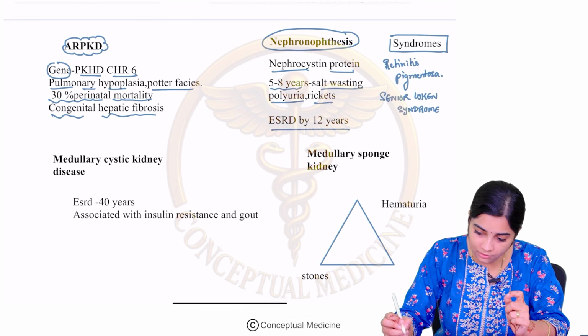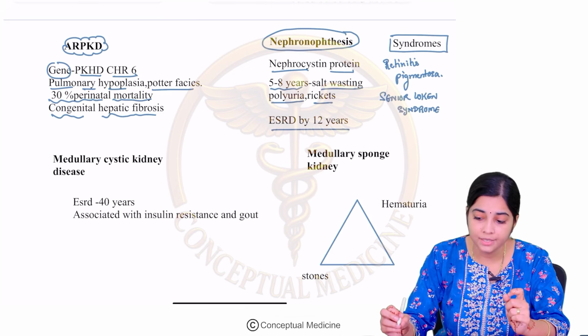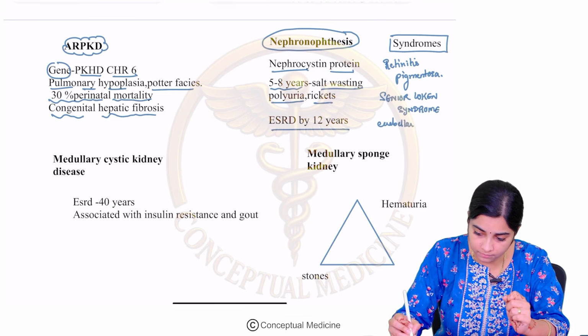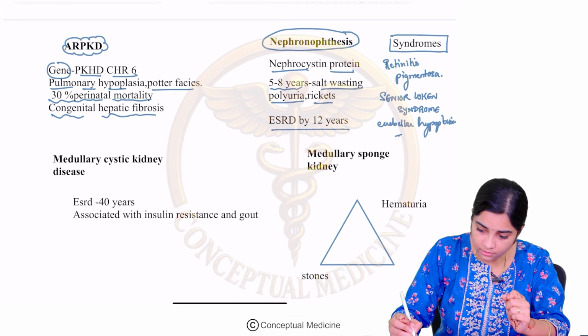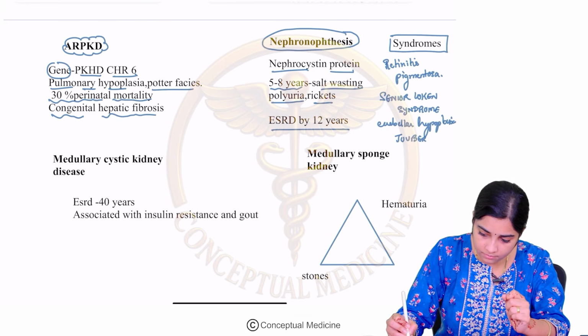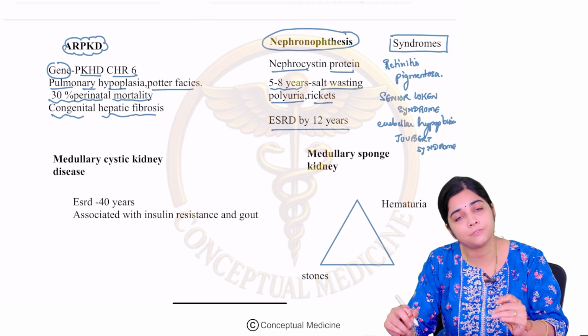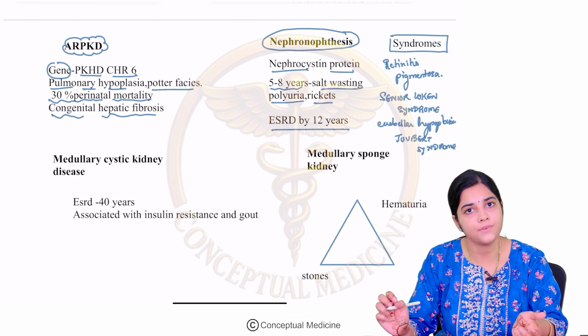It has some degree of mental retardation as well. If nephronophthisis is associated with cerebellar hypoplasia, it's called Joubert syndrome. Okay. So the treatment for nephronophthisis is also finally a renal transplant.